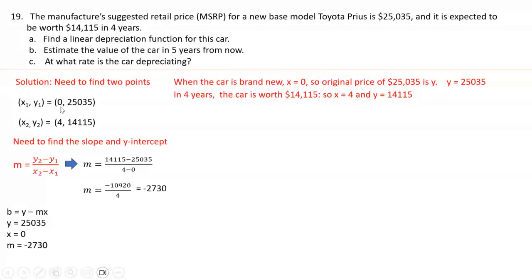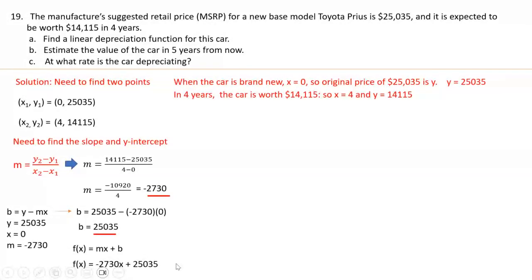I'm going to use the 0 for x and the 25,035 for y. So plug them into the formula: we got the y, which is 25,035, minus my m times the x. So my b will be 25,035. So that's my slope, that's my b. Plug them in there, and we got my equation.